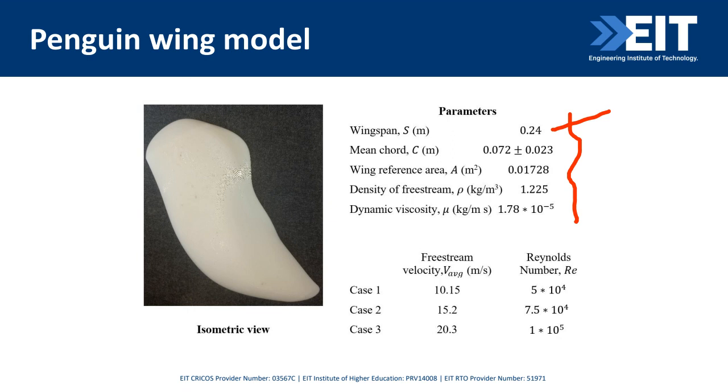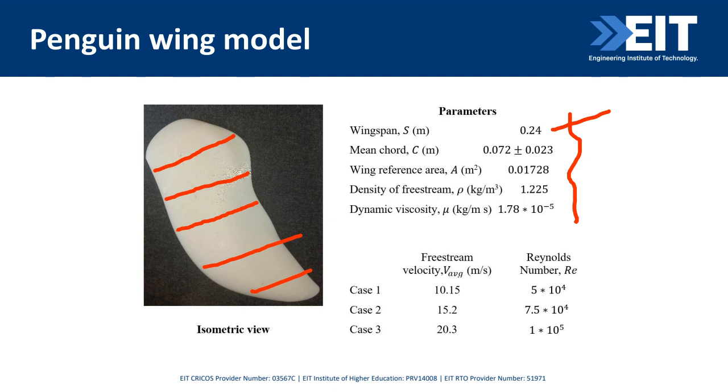I don't have a specific chord, unlike the aerofoil. Aerofoil has a fixed chord, but I don't have a fixed chord. I have different chord lengths at different places. So I had to take the chord length at every 0.1 millimeter. Then I took the mean value, and this is the mean chord.